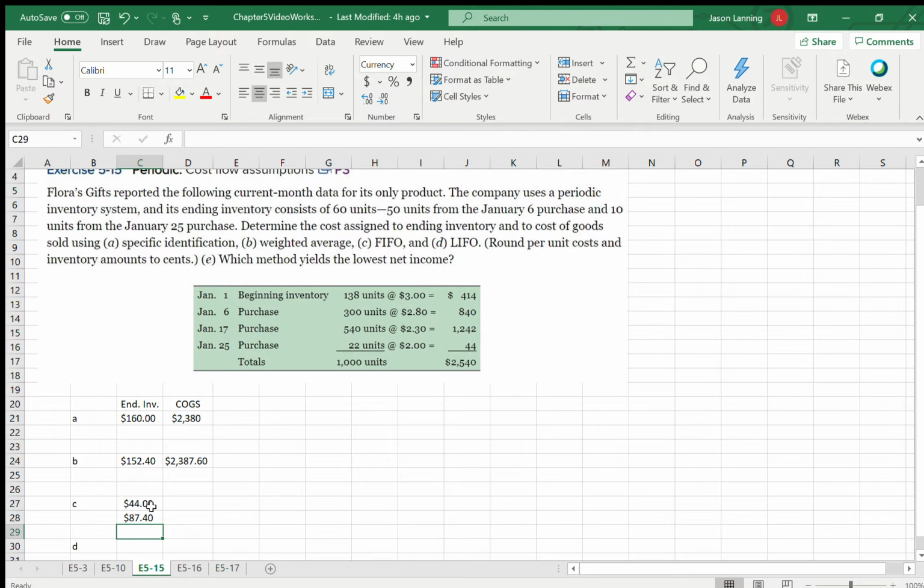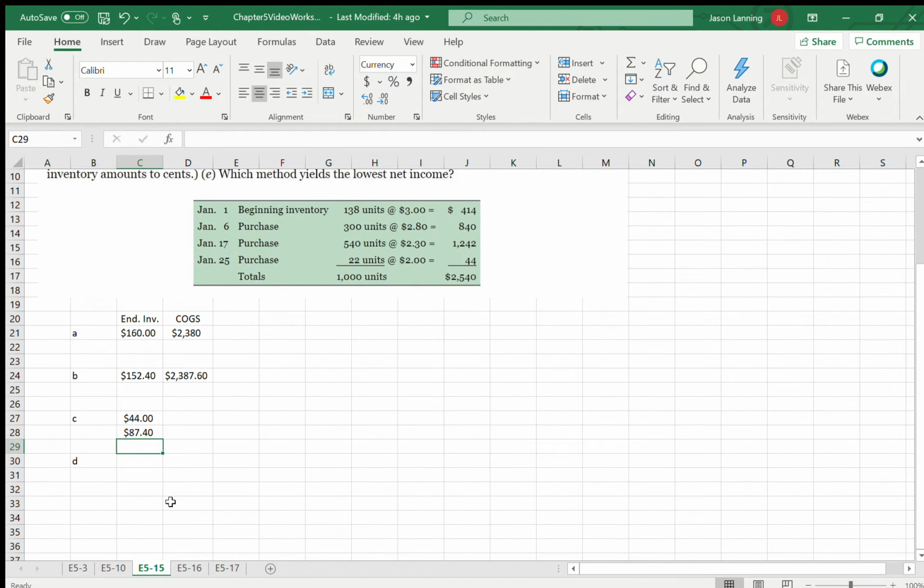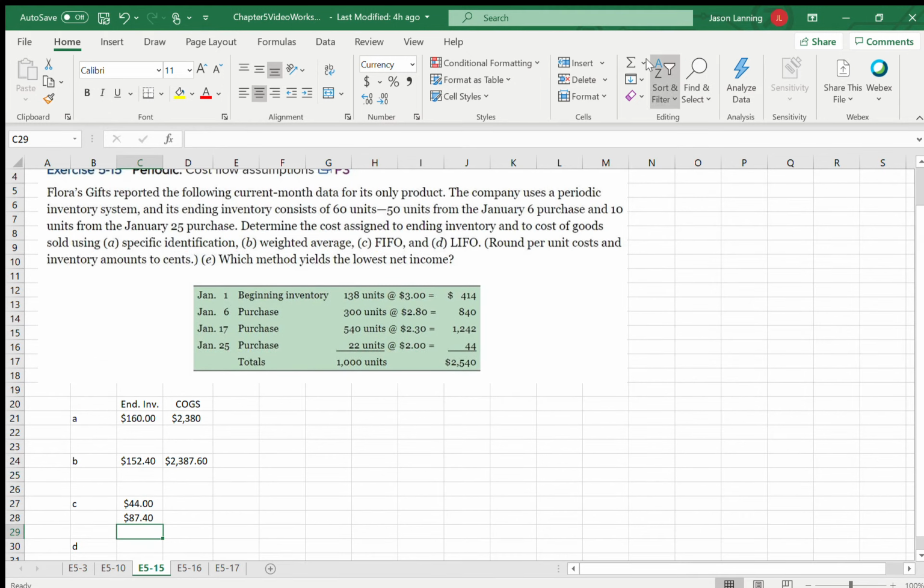If we add these up, the 44 and the 87.40, we'll get what our ending inventory should be here. Let's just auto sum it down below and then we'll put it up there. $131.40 is what our ending inventory is for our FIFO.